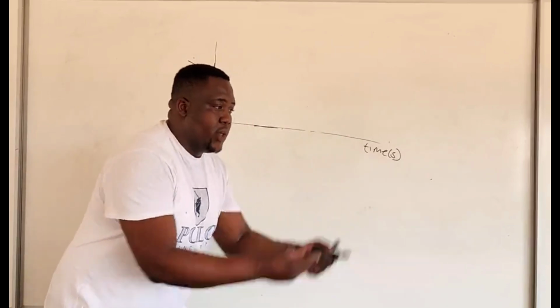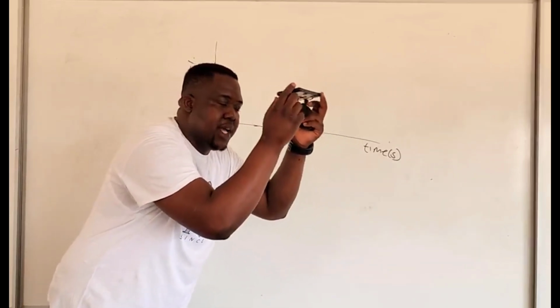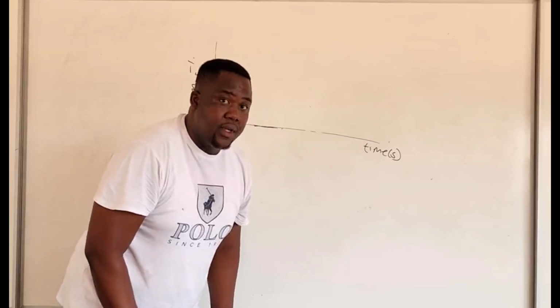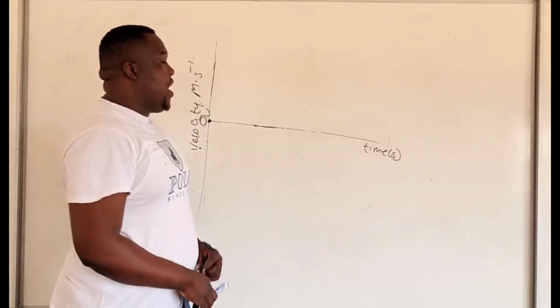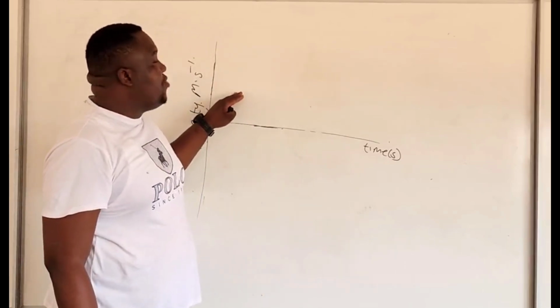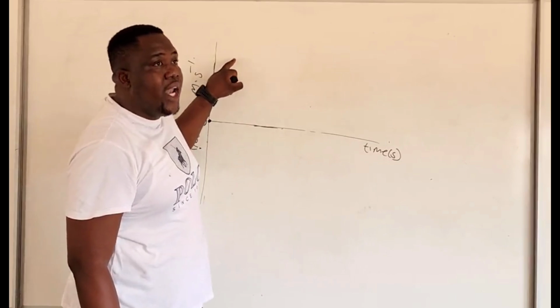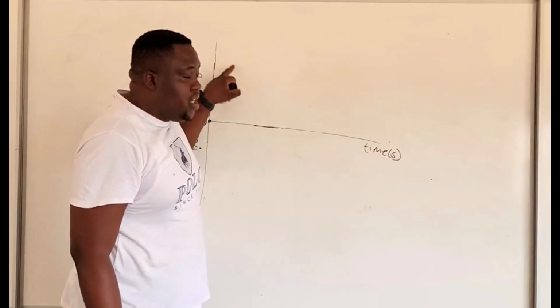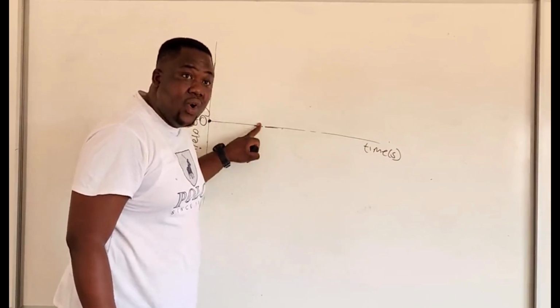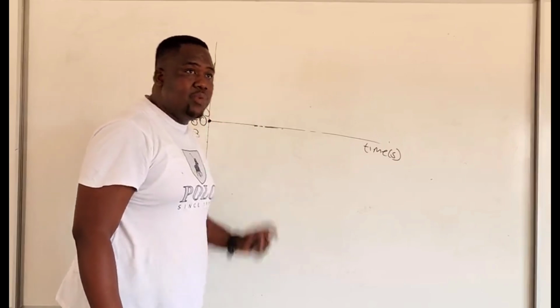That's why it will get to a position where its velocity becomes 0, then it comes down. So, if you are representing an object that is moving up, just know that your line must be approaching 0. It must be moving towards 0 because the object is moving up.